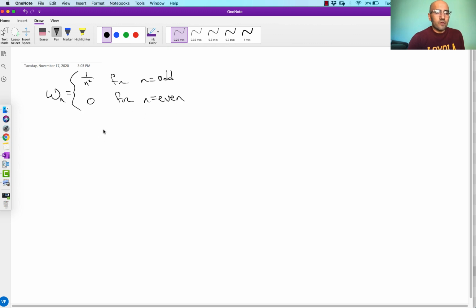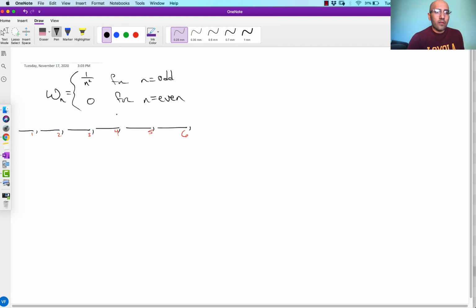Okay. So then let's write down the first few values in this sequence. So when n equals 1, 2, 3, 4, 5, here are the first 6 values in this sequence.